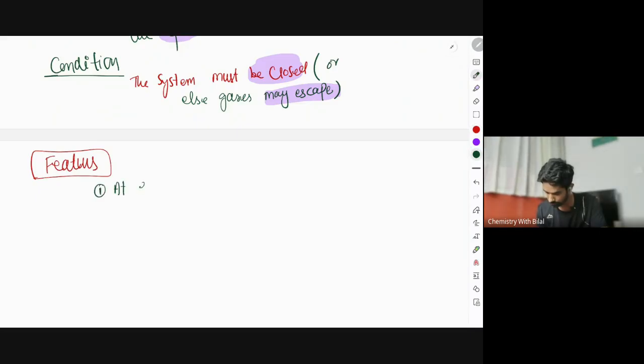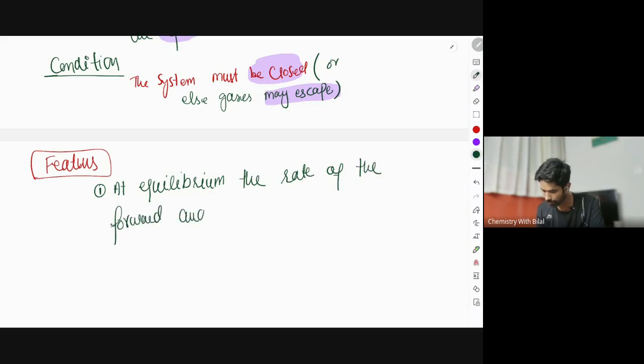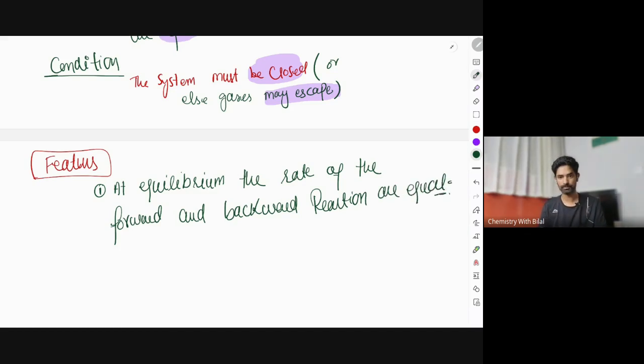At equilibrium, the rate of the forward and backward reactions are equal or the same. That is the first feature. Equilibrium is established only when the rate of the forward and backward reactions are equal. Let me finish with it.